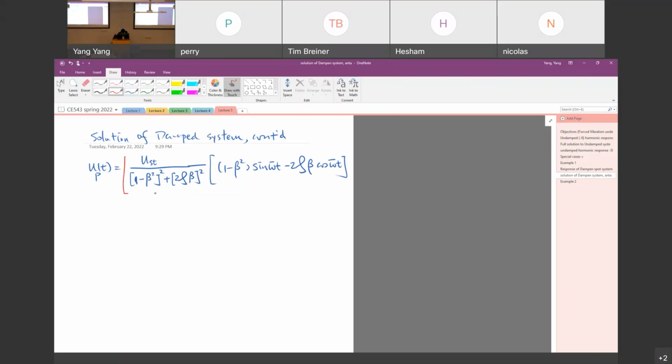This is the particular solution, and if you have the textbook, that's the same equation as in the textbook.